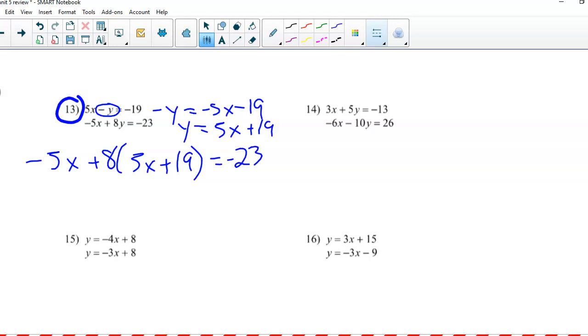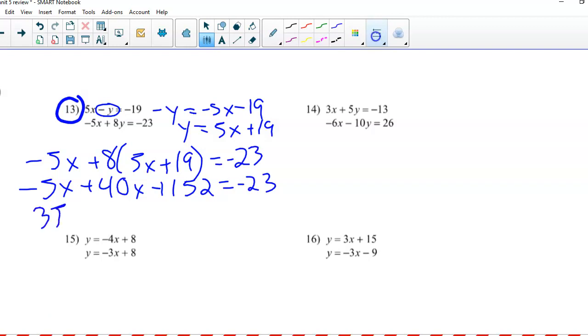Distribute. -5x plus 40x. What's 8 times 19? 8 times 19. 152. Okay. Combining our x's, we have positive 35x.